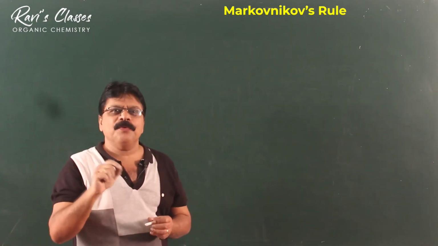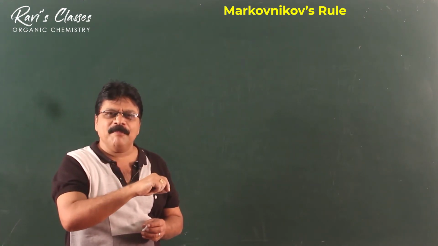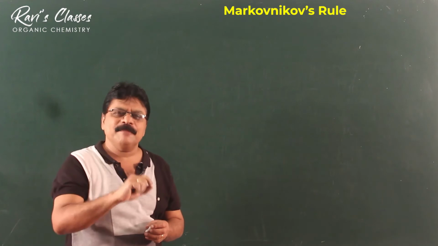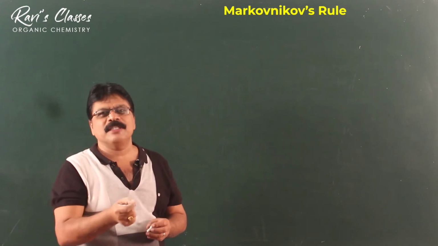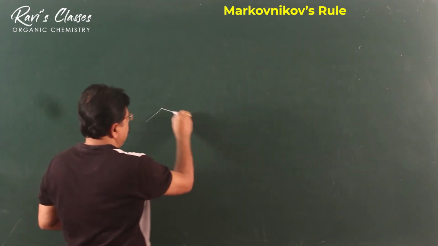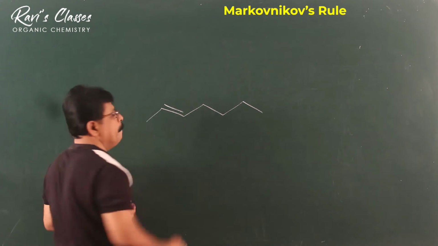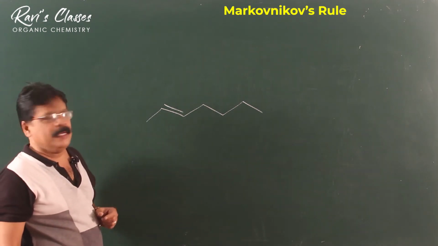Now, we need not even know the number of hydrogens on the double bond. Just by finding out which will be the most stable carbocation, we can predict the product. Now, for example, look at this.